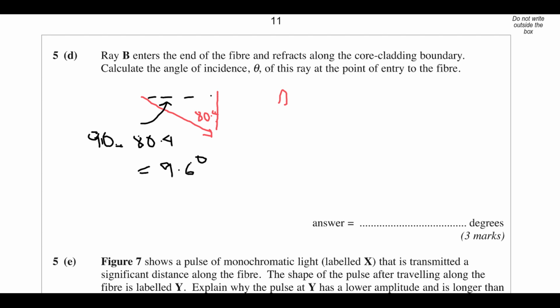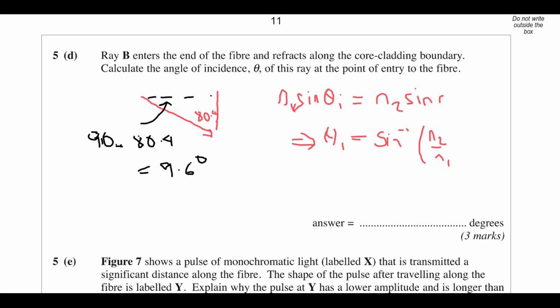So now we can apply Snell's law, because we want the original angle of incidence, R. So the angle of incidence is going to be the inverse sine of n2 over n1 multiplied by sine of R. When we put these values in, we put the air in as n1, the core in as n2, and our 9.6 as sine R, we end up with 14.194, so that's 14 degrees as your final answer.